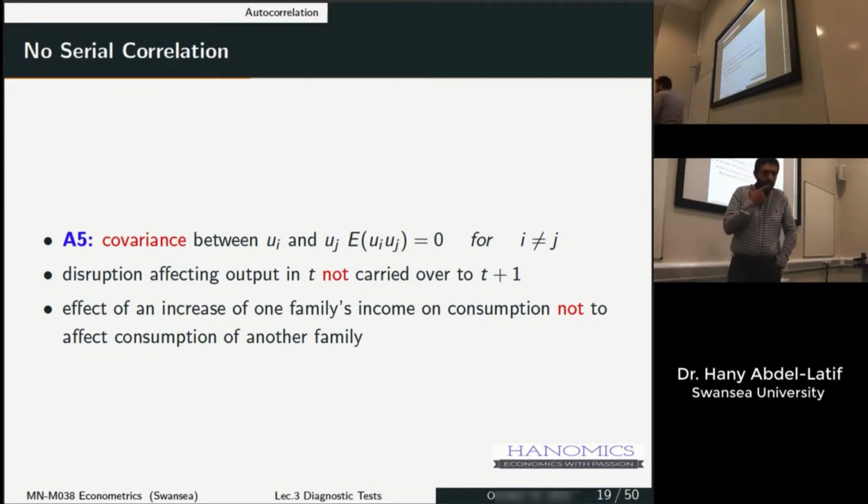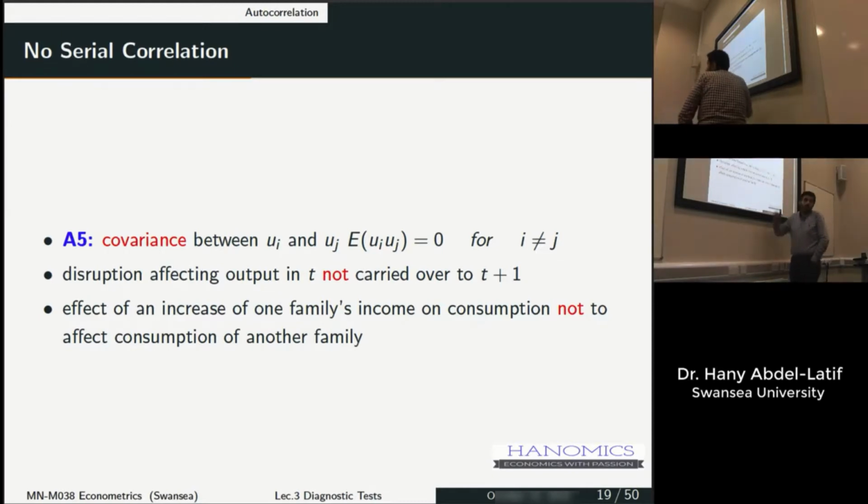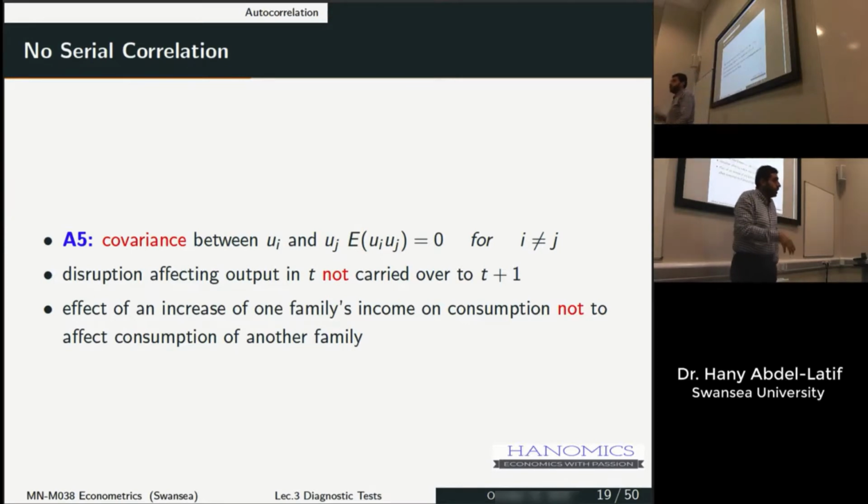So the disruption in output caused by a strike in time t should not be correlated with, or affect, output in time t plus 1, the next period. That is time series. If we talk about cross-section data, the effect of an increase in one family's income on their consumption should not affect the consumption of another family.